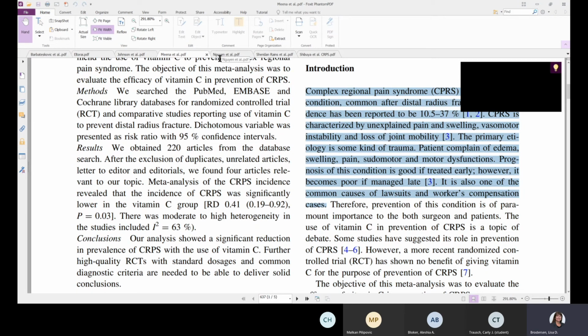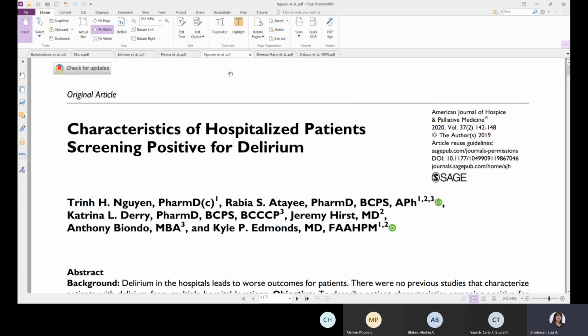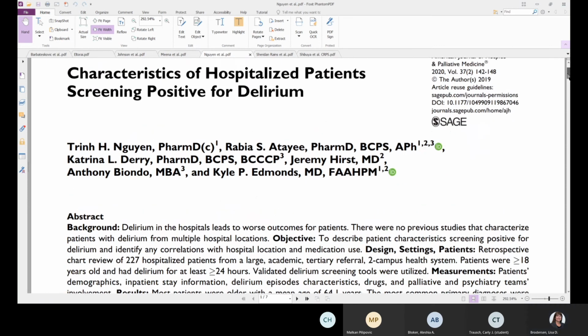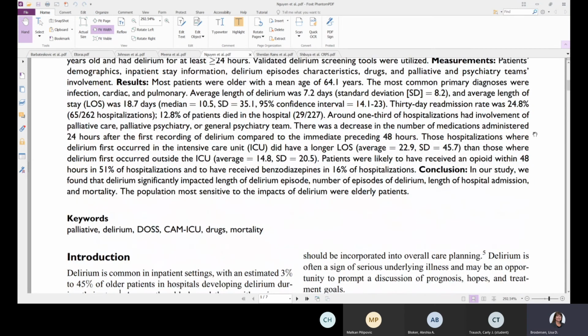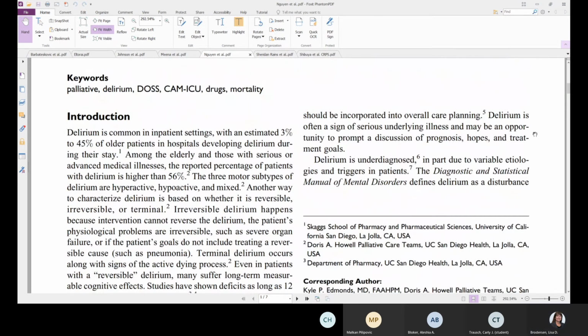Okay, and then this next one, characteristics of hospitalized patients screening positive for delirium. This is another report of a study where it's implied by the title that they described characteristics of patients who end up experiencing delirium. And so we're going to expect in the introduction that they have introduced the problem of delirium. Okay, and they certainly have done that.